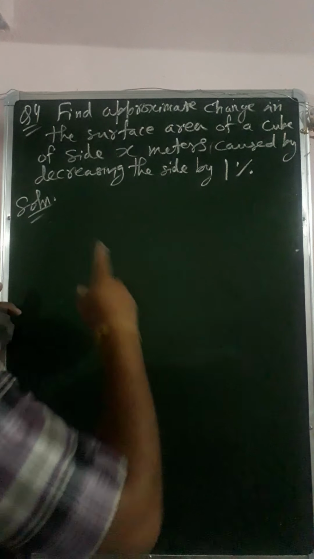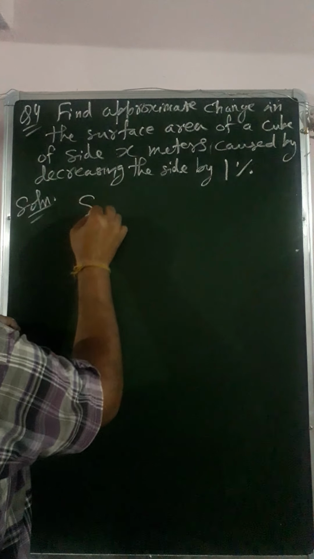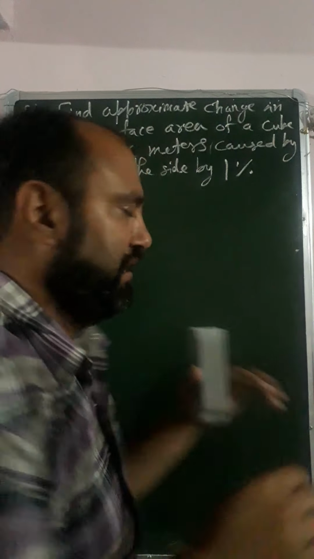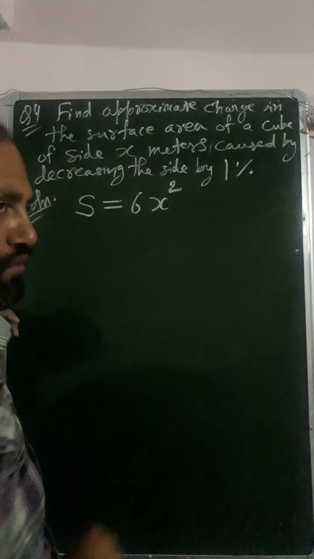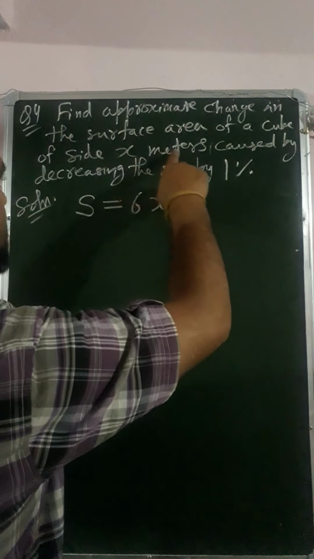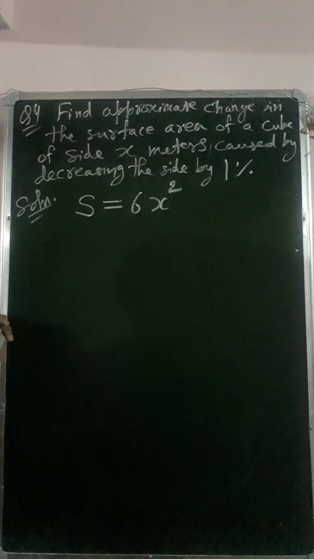You have to find the approximate change in surface area of the cube. What is the surface area of a cube? We are talking about the total surface area of the cube, so we have taken S equal to 6x square. You know this, right?